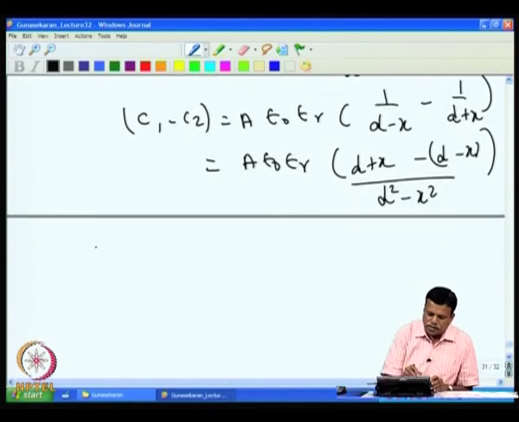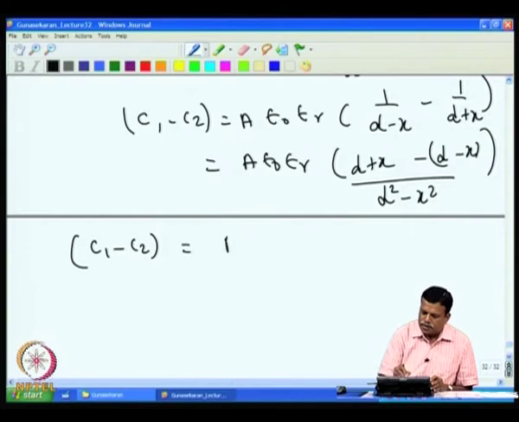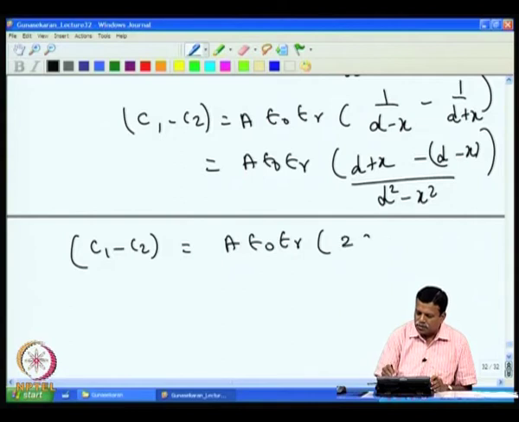So that makes C1 minus C2 appear as A epsilon naught epsilon r into, d goes off, 2x by d squared minus x squared.